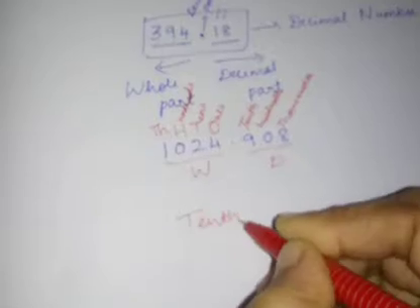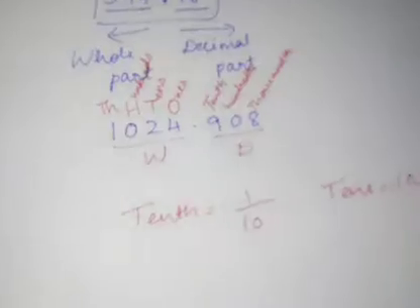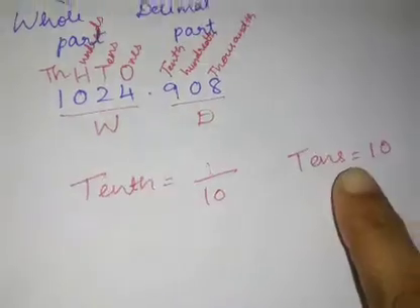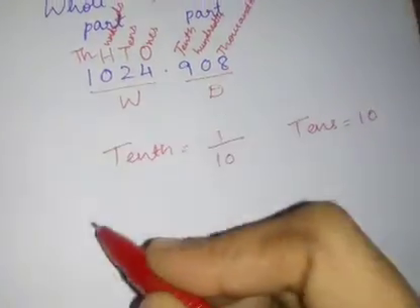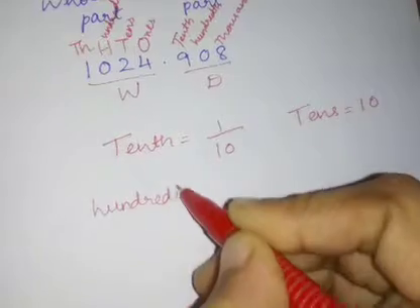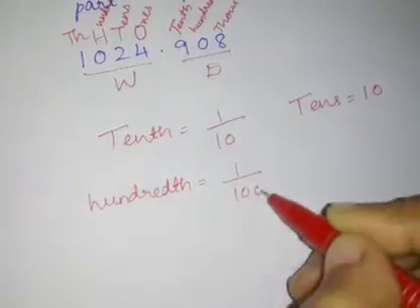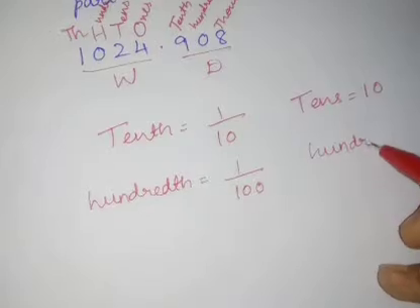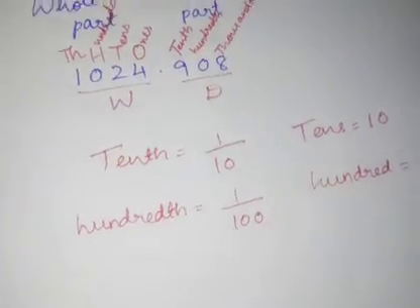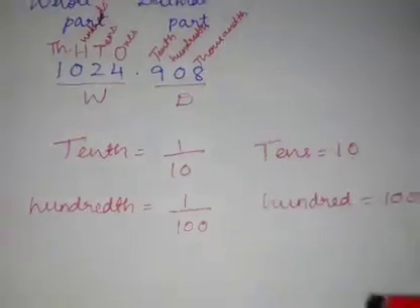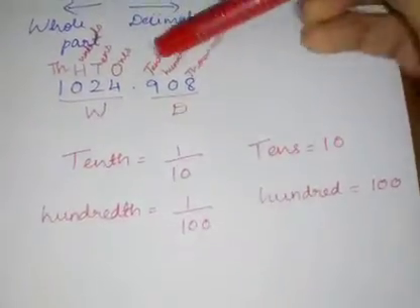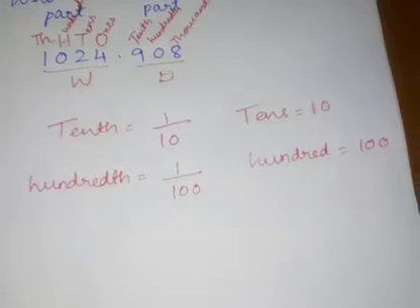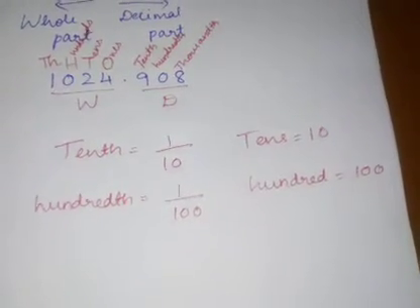So, tenth means 1 by 10, but tens means 10. Hundredth means 1 by 100, but hundreds means 100. So based upon the place value, the value is changing. You should keep that in your mind.